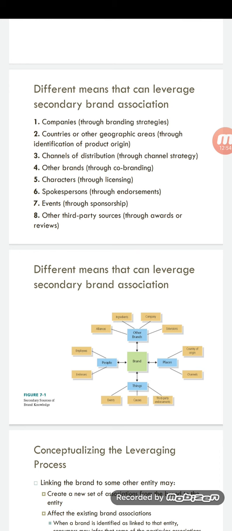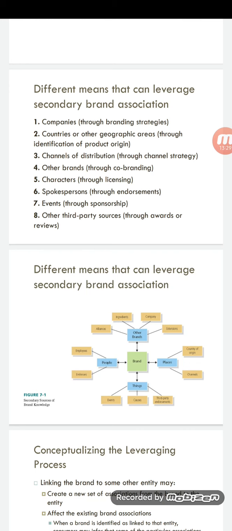And last but not the least are the other third party sources. How many times have you gone to an eating joint and seen Amitabh Bachchan's photo with the Just Dial sticker, which is given 3 stars or 4 stars based on their review?